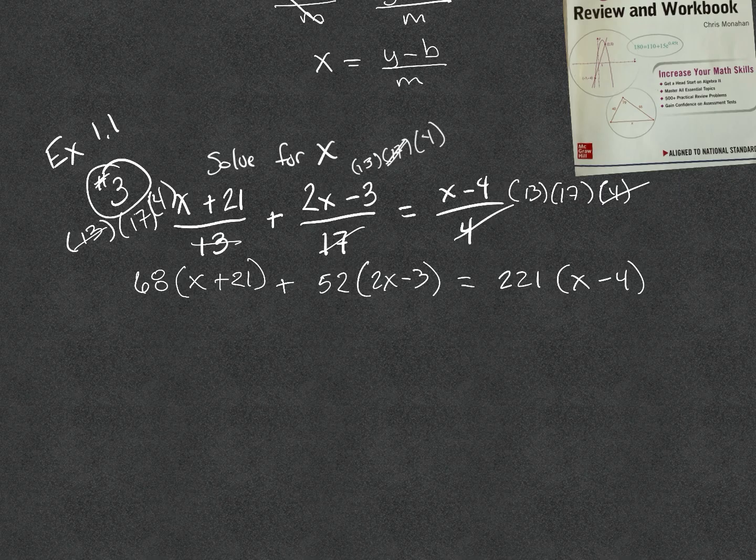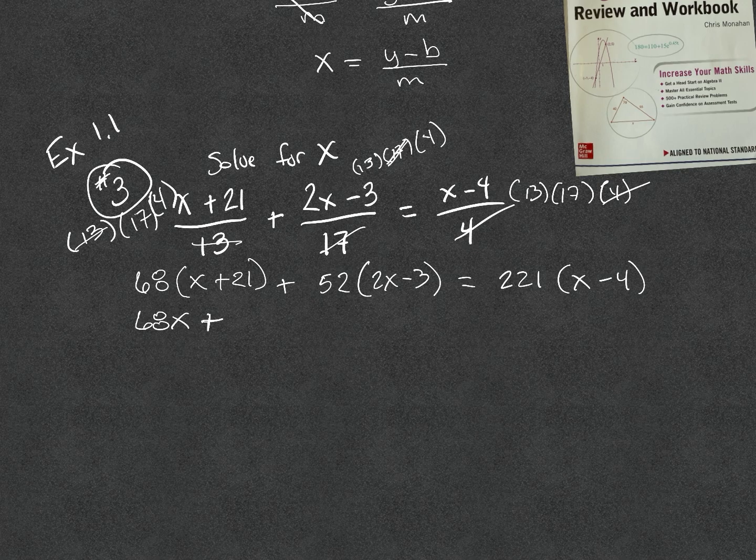Now we have to utilize the distributive property for each of these terms. So 68 times x is 68x. 68 times 21, and we're using this operation, the addition there, so it is a positive answer. 68 times 21 is 1428, and don't forget to drop your addition there.